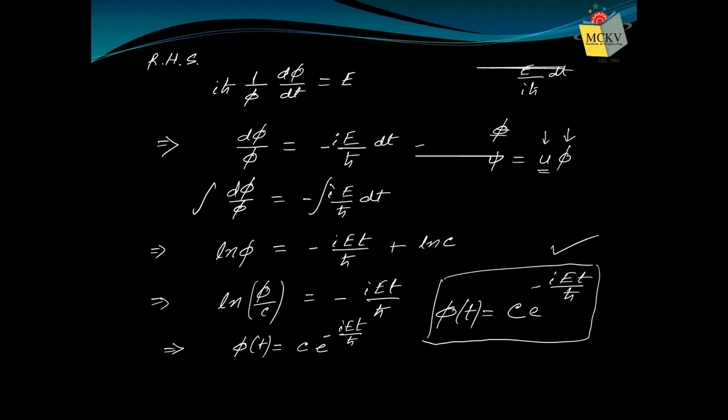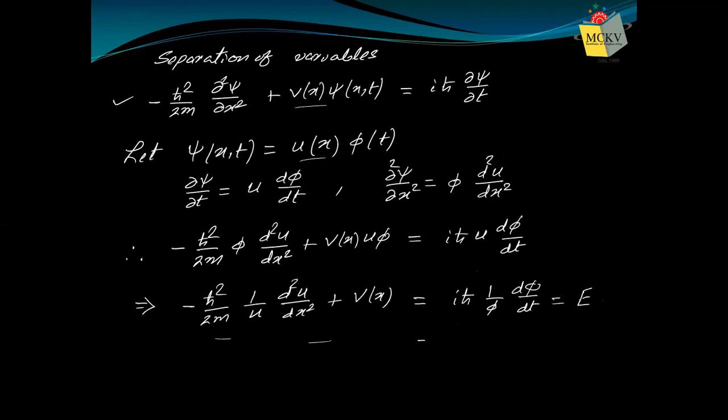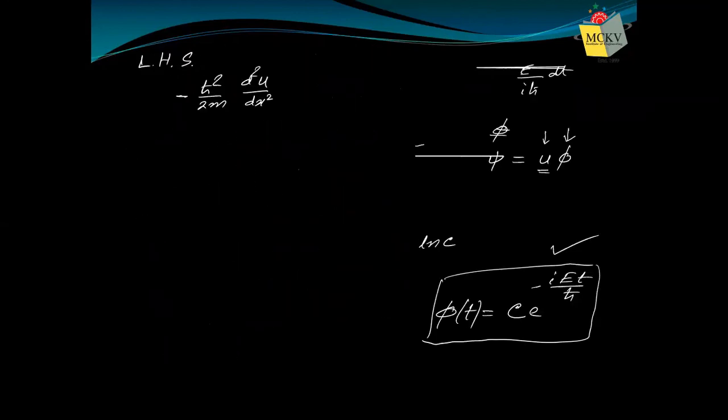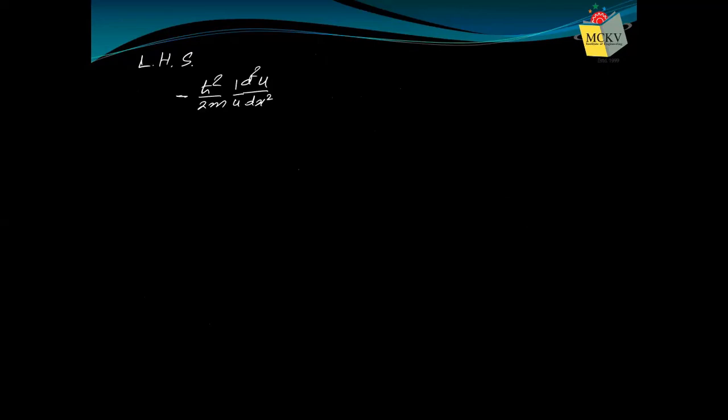But how will you find u? Now observe the left hand side. This was our left hand side: minus h cut square by 2m, 1 by u d2u dx2, plus V(x), equals E. So using the left hand side, the equation is minus h cut square by 2m, 1 by u d2u dx2, plus V(x), equals a constant.